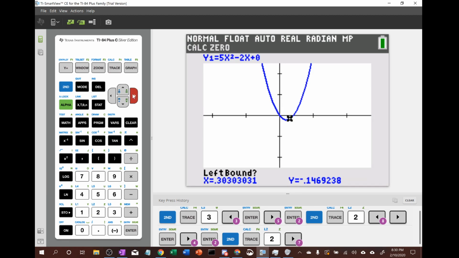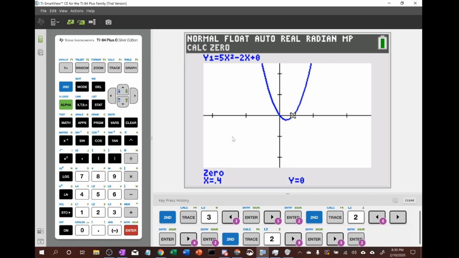Go right beneath the right x-intercept, then go above it, and hit enter.